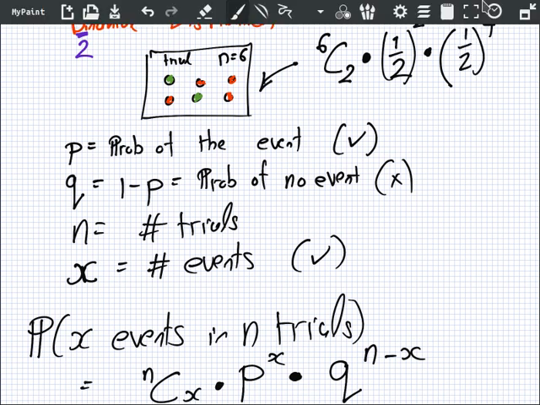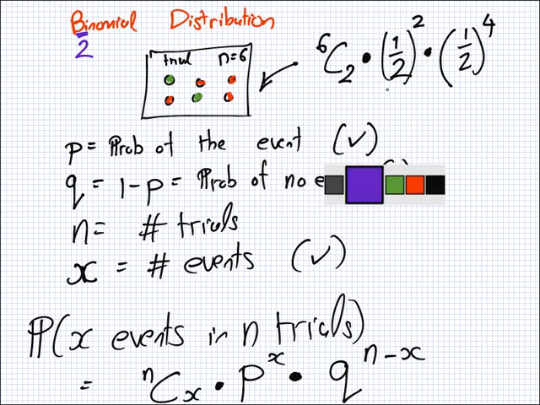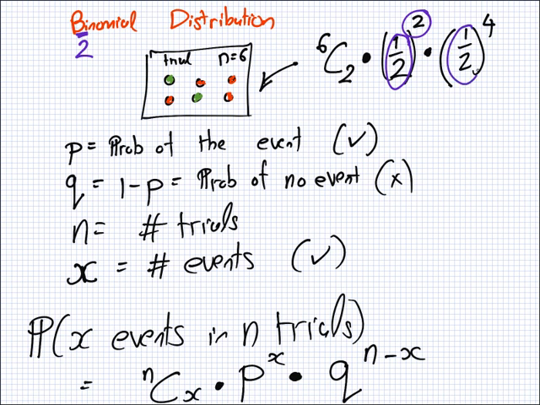Now there's actually an easy way to remember what you're doing here. Have a look. It's the probability of a single success to the power of how many successes you want, times the probability of a single failure to the power of how many failures you want. So the only thing that you have to be careful about is this guy up here, 6C2.